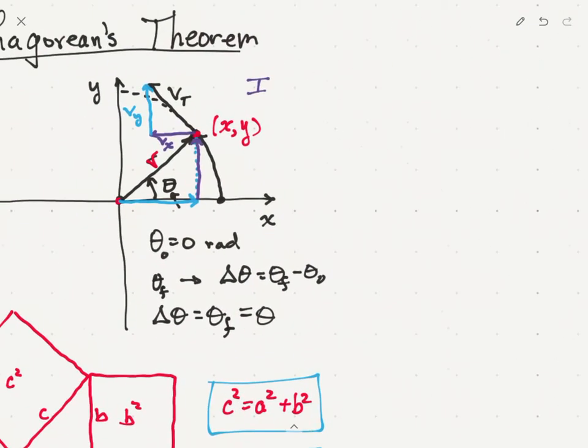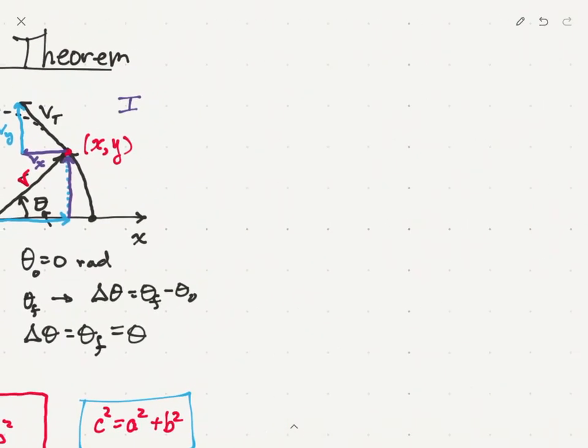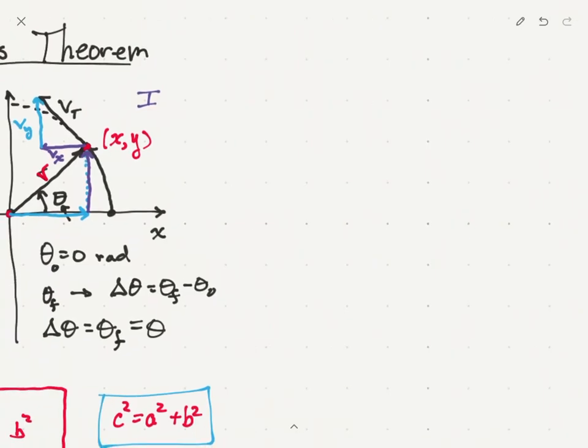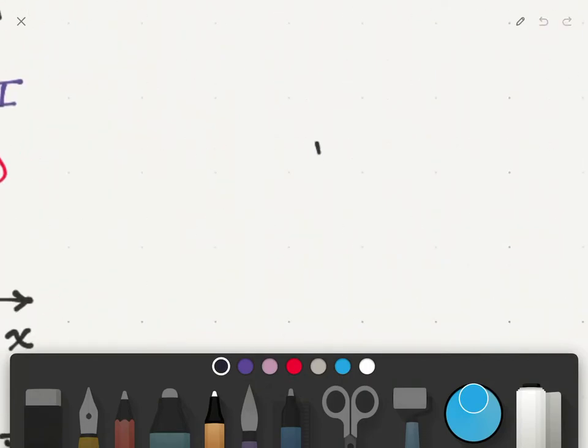So if we're going to use that with this triangle up here, we can use it to calculate r for the first triangle, or the distance triangle, and we can use it to calculate VT for the tangential velocity triangle. So I can just choose a different color here, and let's go ahead and calculate r. So basically we're saying that r squared is equal to x squared plus y squared.